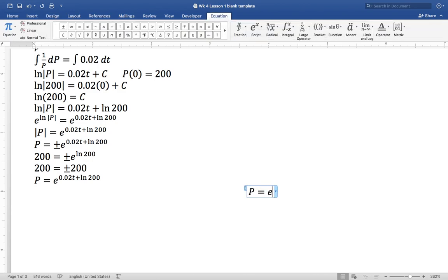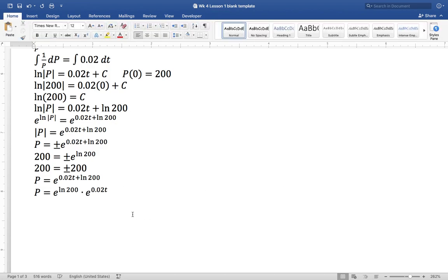The right-hand side of this equation can actually be rewritten as the product of two exponentials, like so. Why is that? Well, look, when you have e to one exponent times e to another exponent, you add the exponents, don't you? And if you combined these two exponents into a single exponent, you would add the two exponents, and you'd be looking at this expression right here.